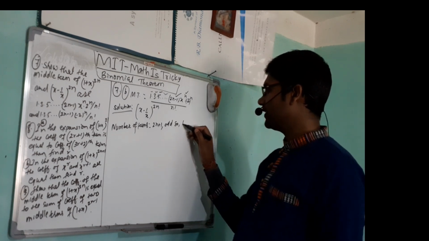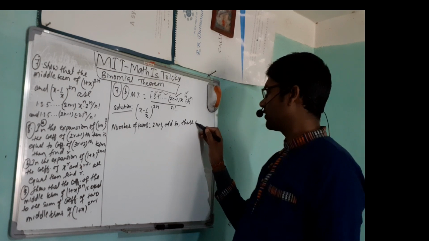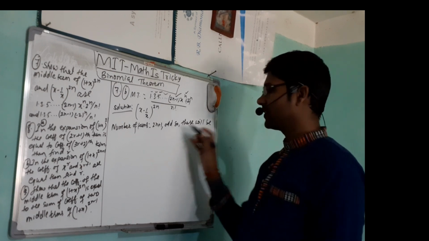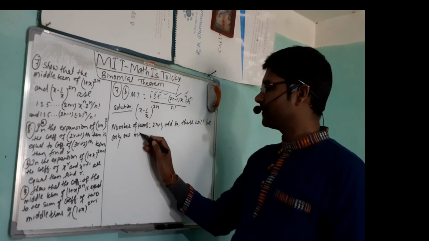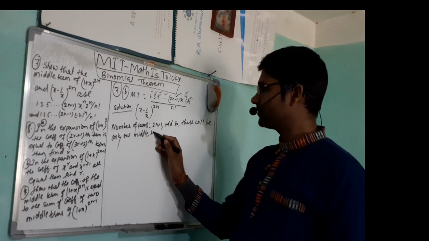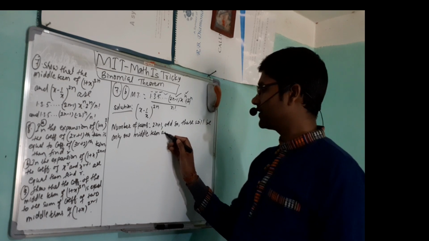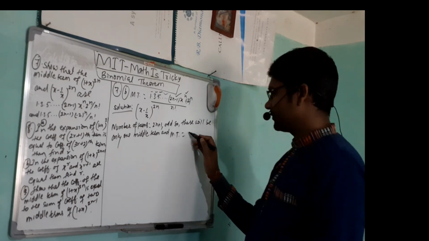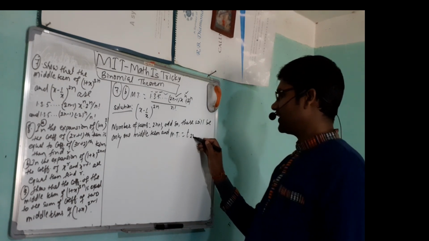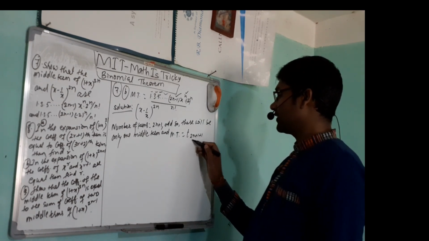So there will be only one middle term, and that middle term, we can write here, is T of (2n plus 1) by 2.